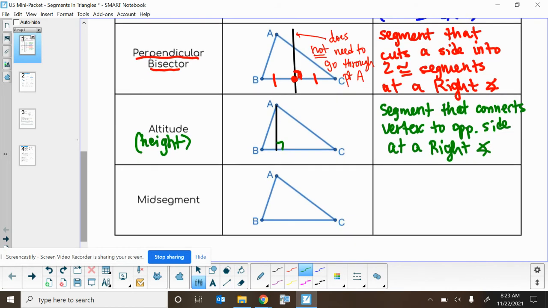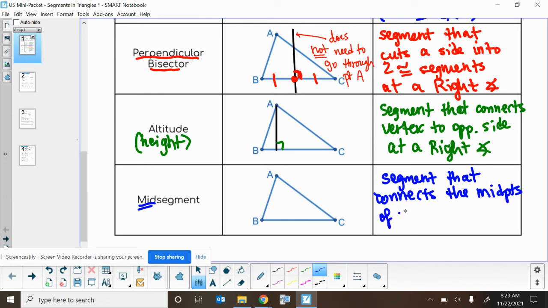Okay, and then our last segment is called the mid segment. The mid is the important part because this is actually the segment that connects the midpoints of two sides.